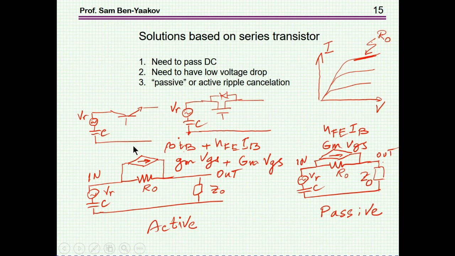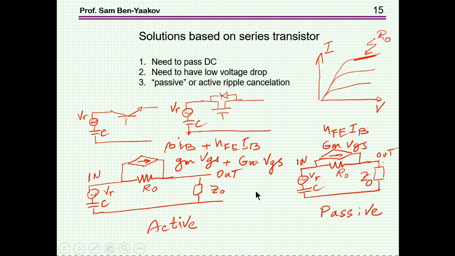Both of these elements have large output resistance, and this resistance acts as an attenuator because of the voltage division here. Being a large resistor, it will attenuate the noise from here to here. So the passive means that this is just a large resistor which is attenuating the signal.